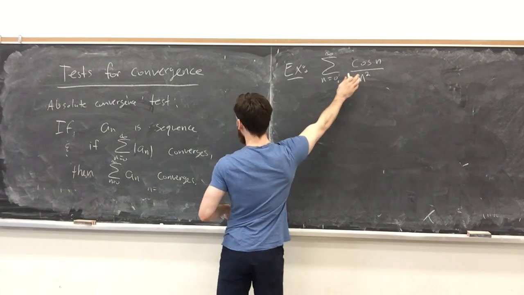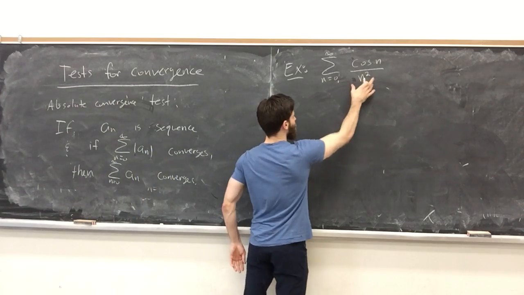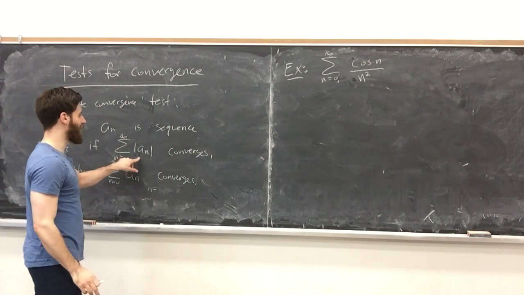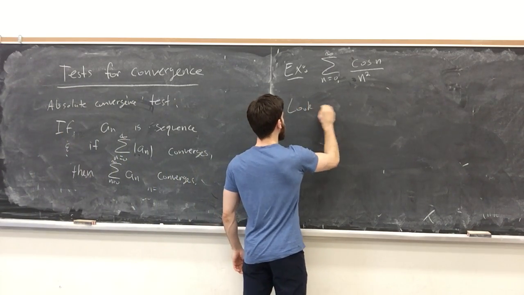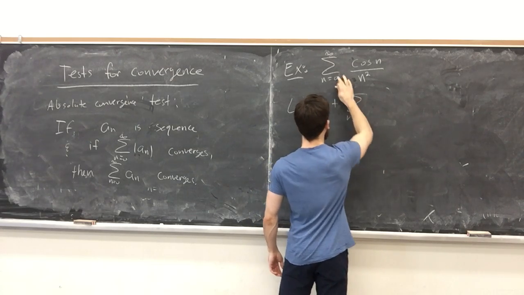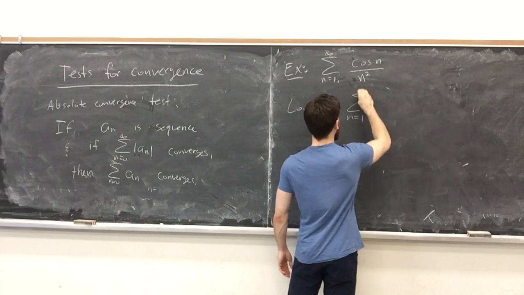So we have this sequence, and these terms are sometimes positive, sometimes negative. So let's use the absolute convergence test. So we're going to take the absolute value. Sorry, this should be a 1. I'm dividing by n squared, so I can't start at 0.